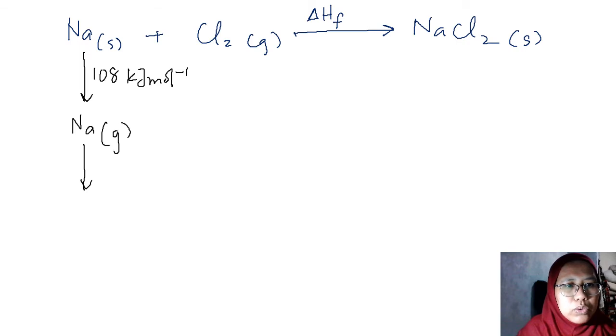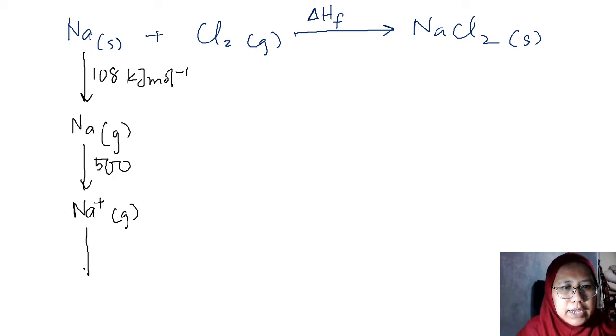Next, you're going to make the ion, Na plus gas. This is using the first IE. What is the first IE? 500.